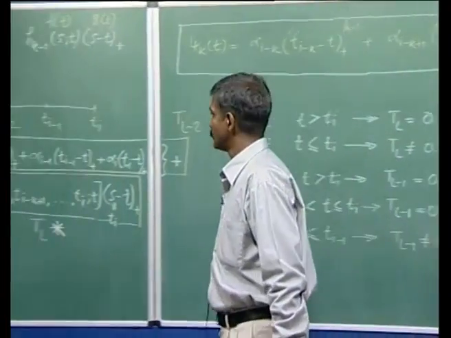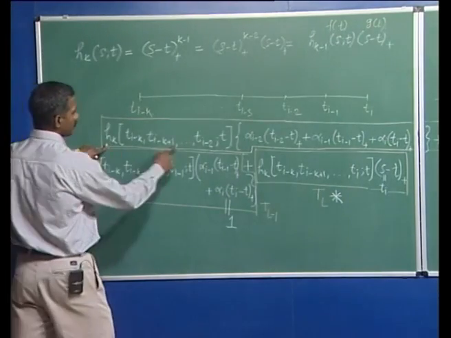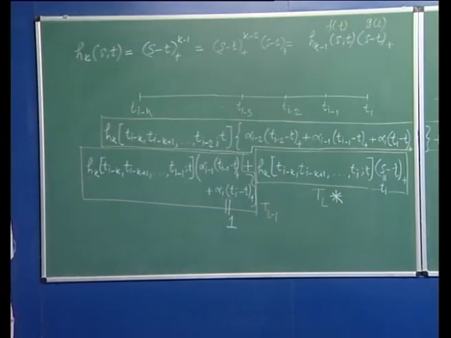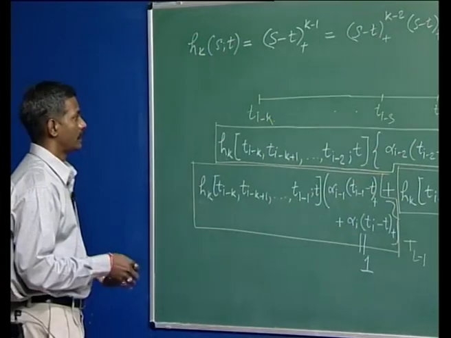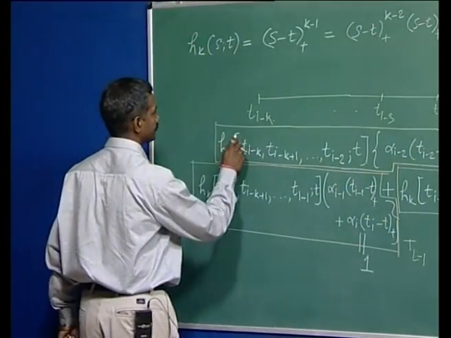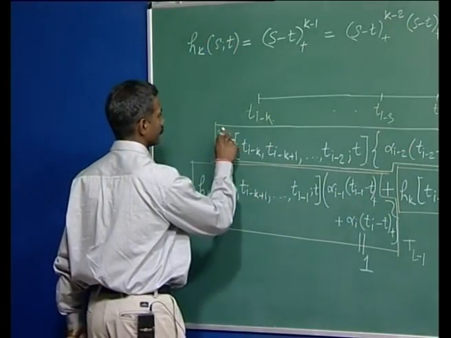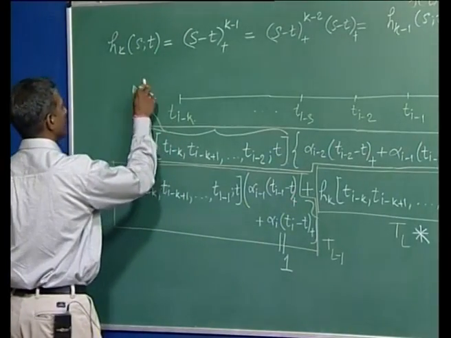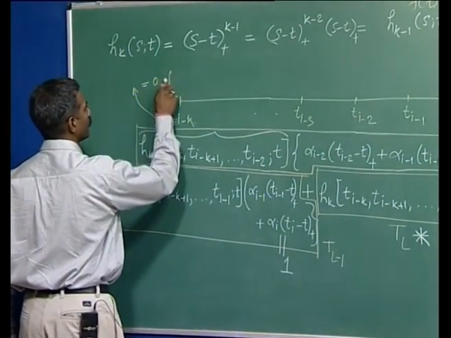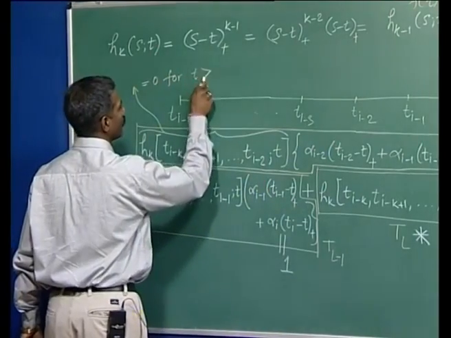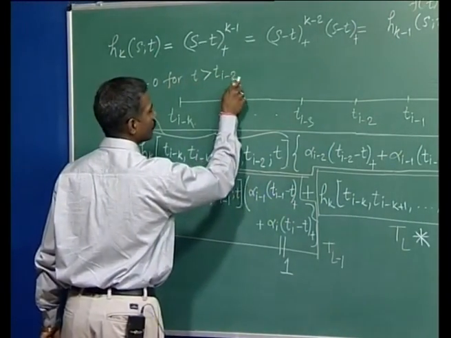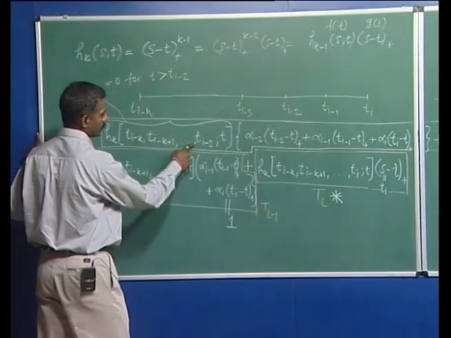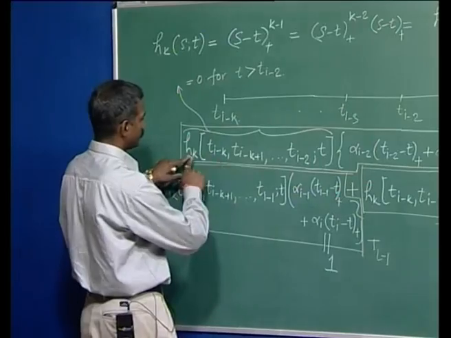This would mean that this term here is 0 for t greater than t_{i-2}. Let me write this thing down for you. For t smaller than t_{i-2}, this term will be non-zero.